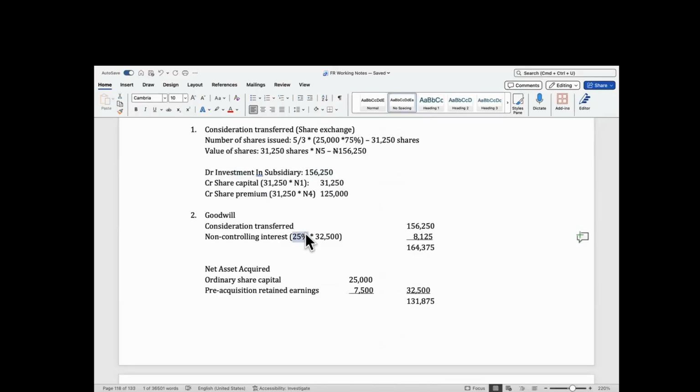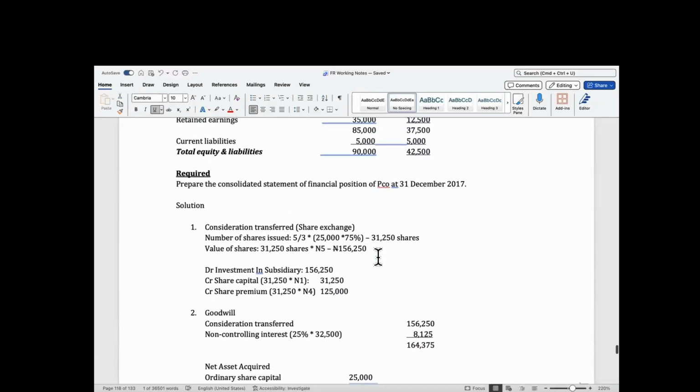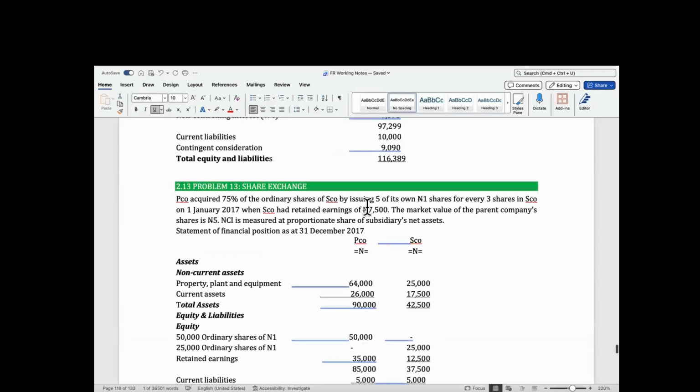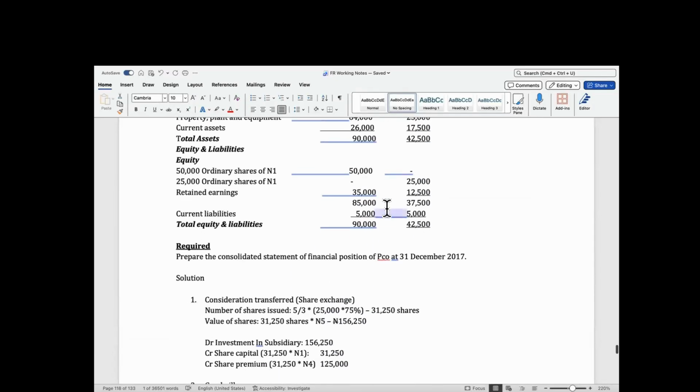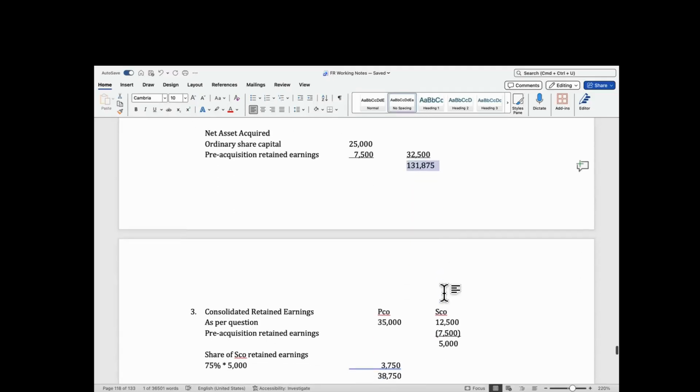I multiply it by the net assets of the subsidiary. So before I got this, I would have calculated the share capital of the subsidiary. I add the retained earnings of the subsidiary at the date of acquisition, which they give me in the question. So I have 32,500. If I compare it with this, I have a goodwill of this amount.